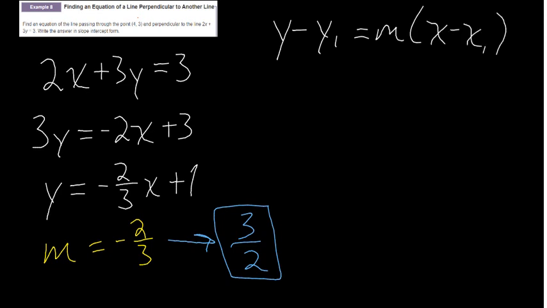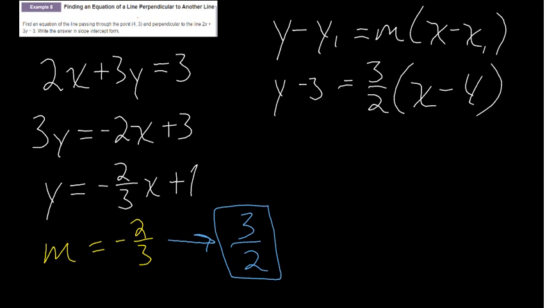Well, again, y minus y1. Well, y1 is equal to 3, so y minus 3 is equal to, now the slope I need is 3/2, right? So 3/2 is my slope, and then x minus, what's my x value? My x value is 4. So let's clean this up.